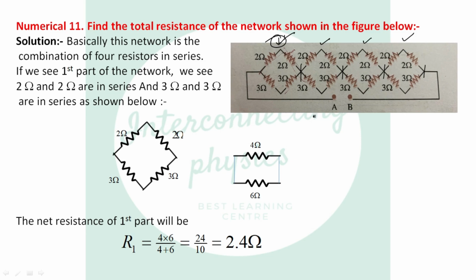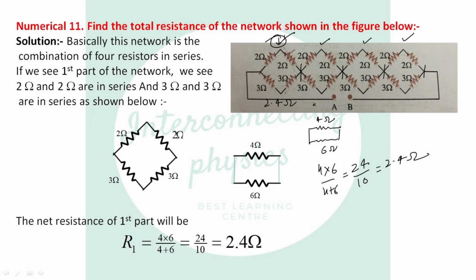2 ohm plus 2 ohm is 4 ohm. 3 ohm plus 3 ohm is 6 ohm. So these two are parallel now. The answer is 4 into 6 divided by 4 plus 6, which is 24 divided by 10, that is 2.4. That means the answer of the first unit is 2.4 ohm.